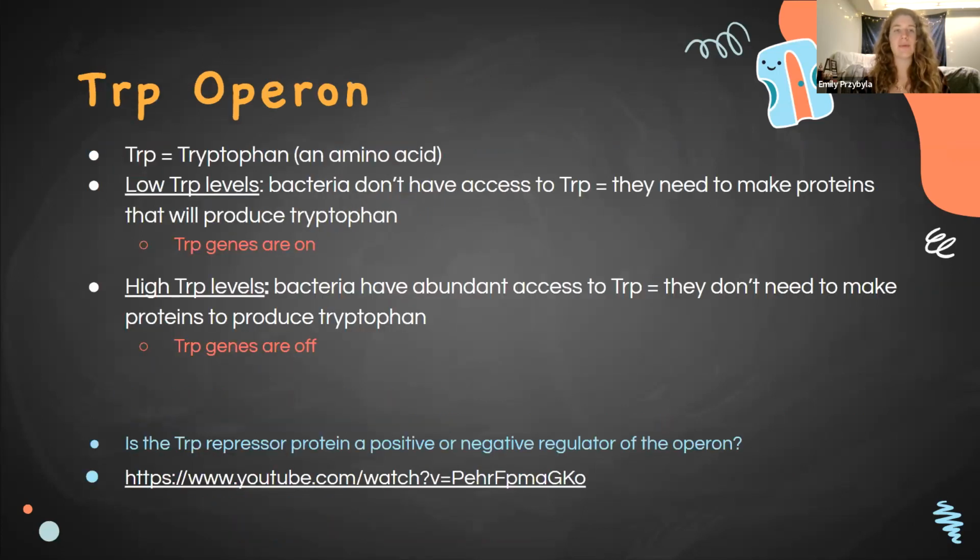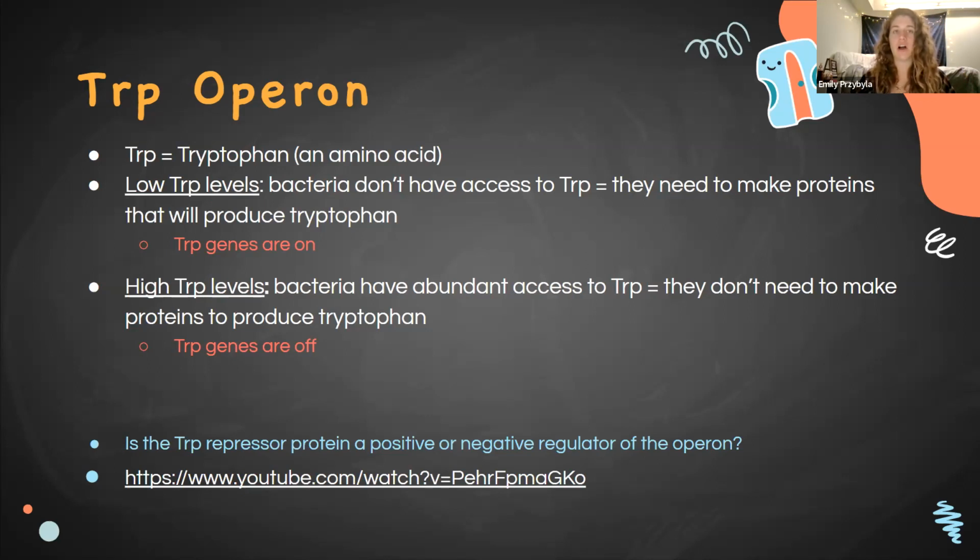So specifically the trp operon: tryptophan, if you remember, is an amino acid on your chart. When you have low levels of tryptophan in your cell, we don't have access to tryptophan, which means we need to make tryptophan. So the trp operon will make all these proteins that make the amino acid.